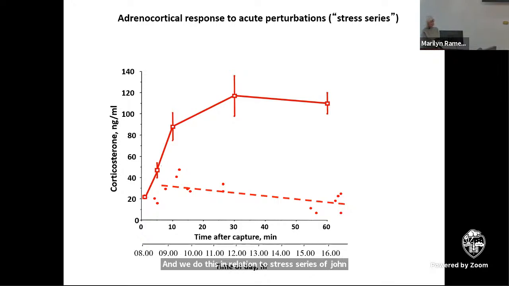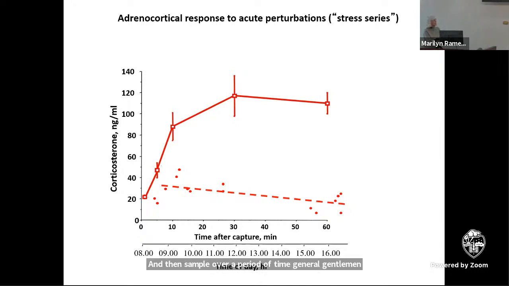The very quick sample within 3 minutes gives you a baseline measure, which is measured during the unperturbed period. So it gives you an idea of the measure of energy utilization or energy state of the organism, or the measure of allostasis. And then it's sampled over a period of time.